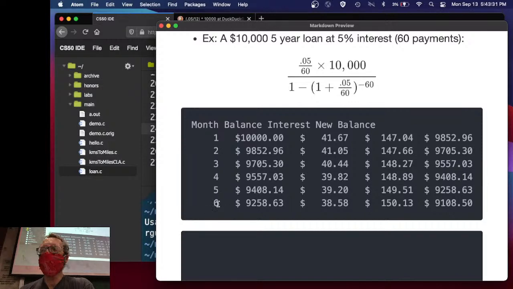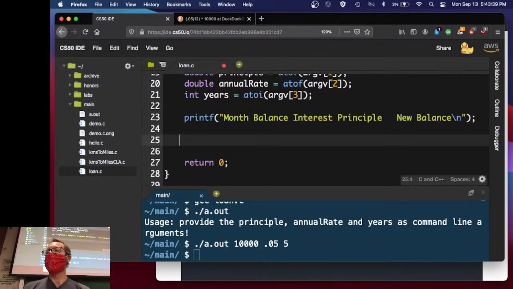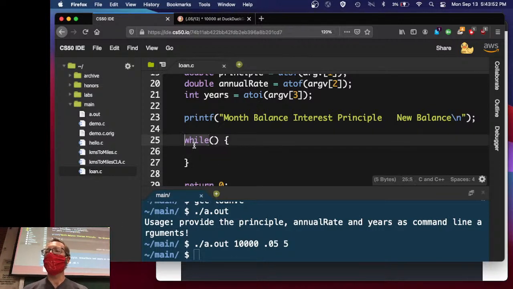So what kind of loop do you want to write? A while loop? A while loop is natural when you don't know up front how many iterations you're going to go for. Do I know how many iterations I'm going to go for? Yeah. Number of years times 12. Right? So maybe a for loop is a little bit better. Now I could go int i starting at, where do I want to start?